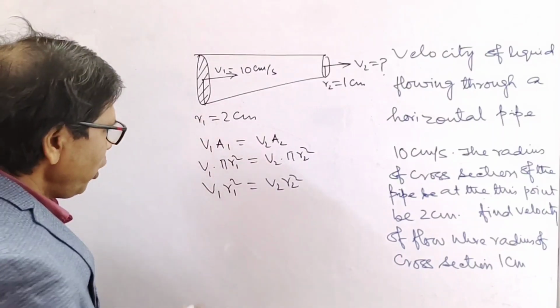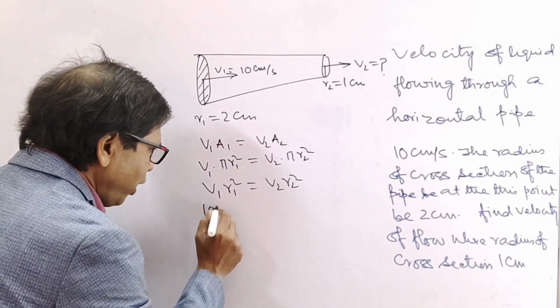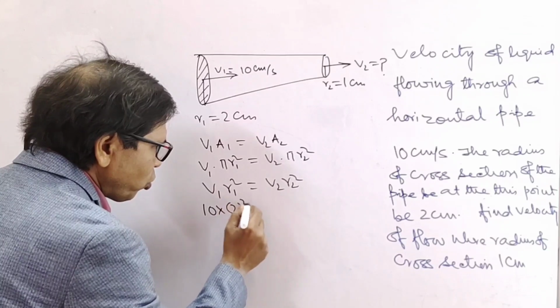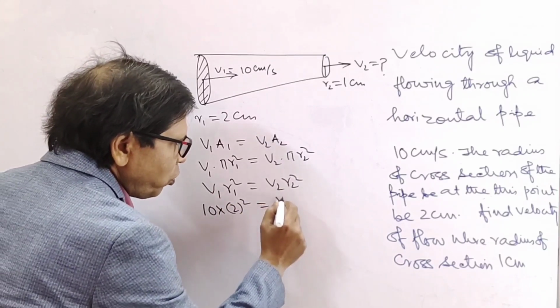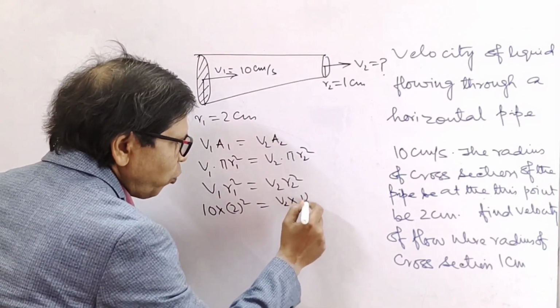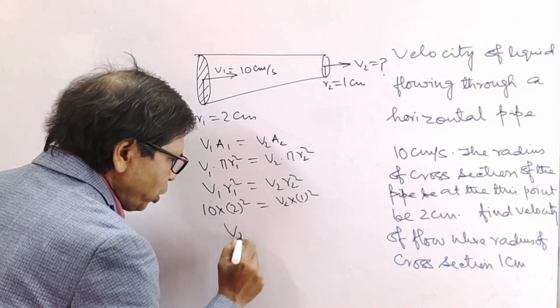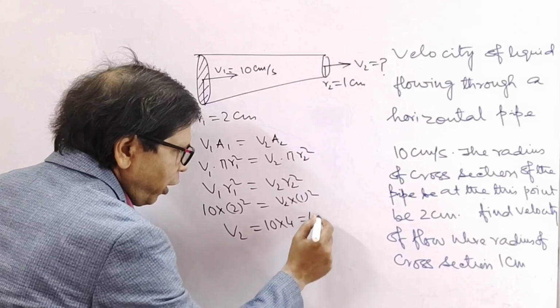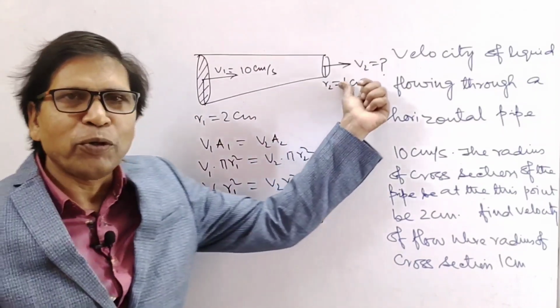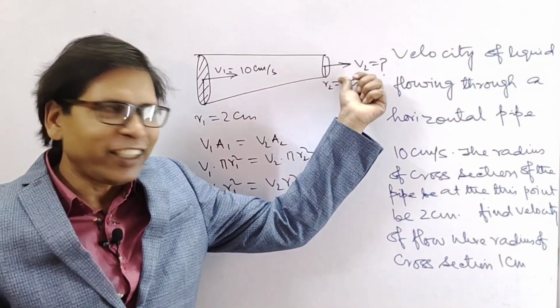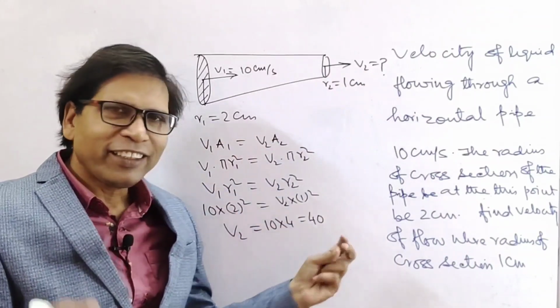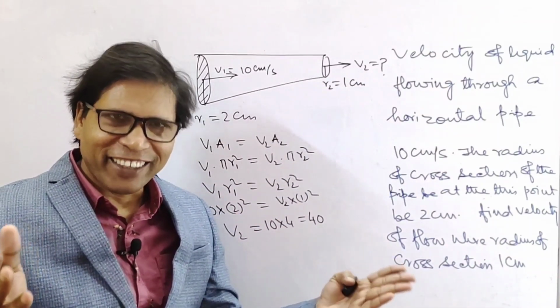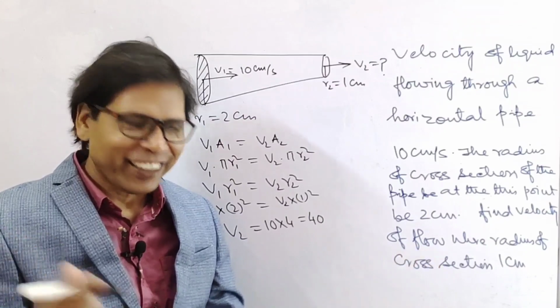Here v1 is 10, r1 is 2 whole square, equals v2 which is the question mark, and r2 is 1 whole square. So v2 is 10 into 4, that is 40. So the velocity of flow at the narrower cross section is 40 cm per second. Okay, understood?